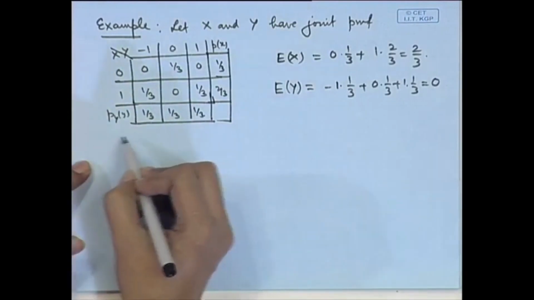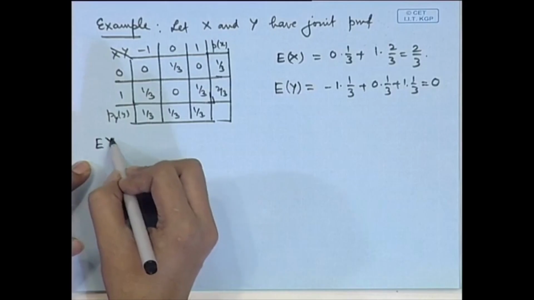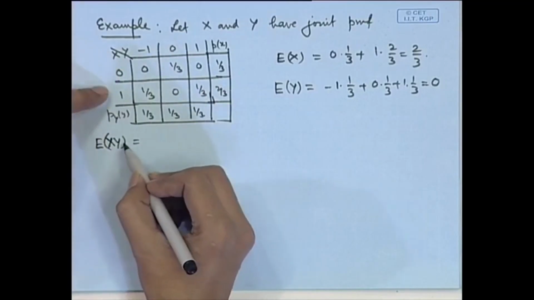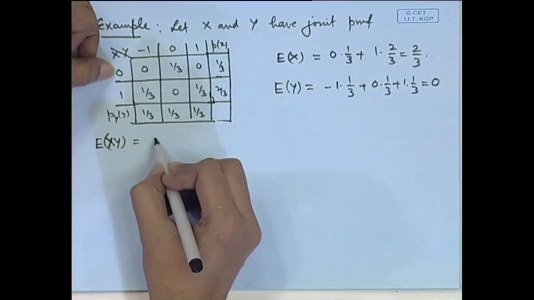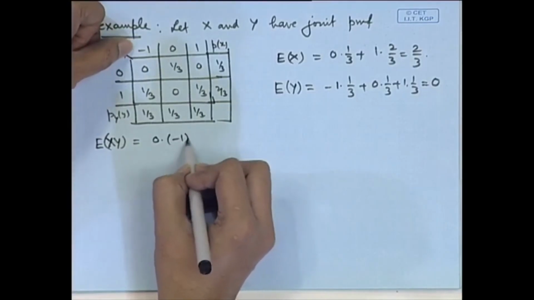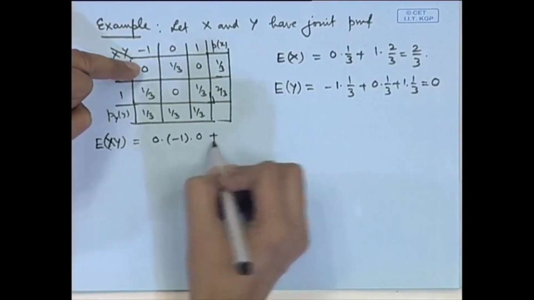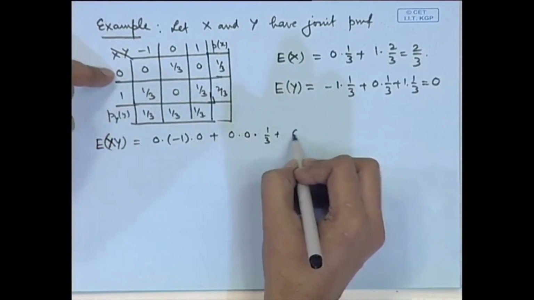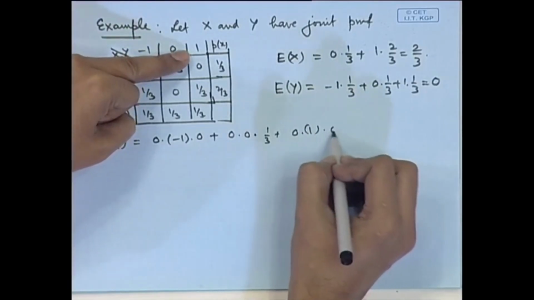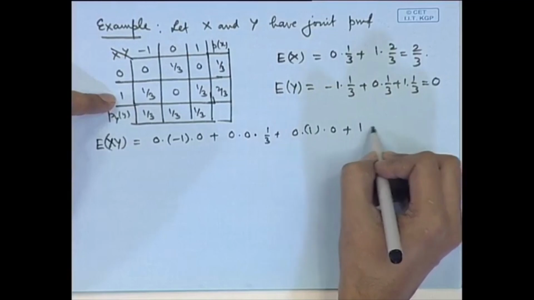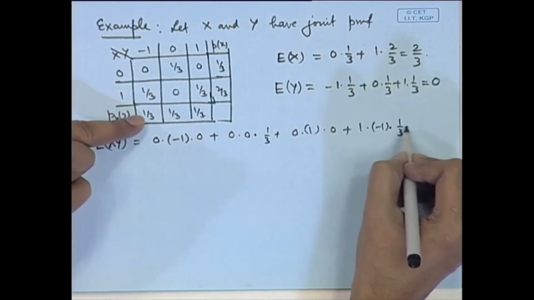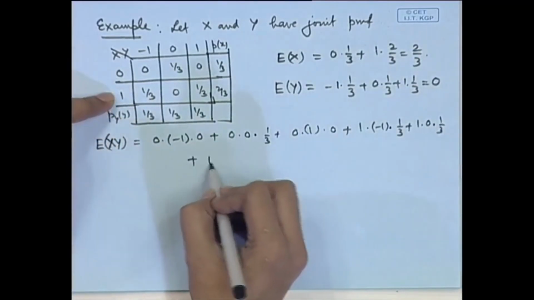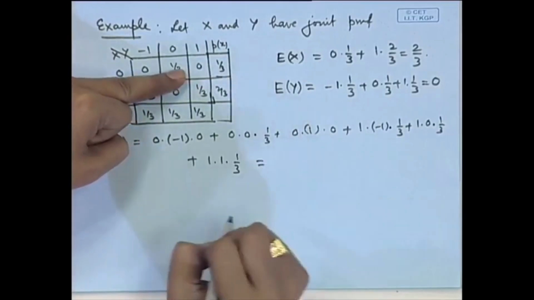If we look at expectation of x into y, we look at all the possibilities of the x and y values here. x is 0, y is minus 1 with probability 0, plus x is 0, y is 0 with probability 1 by 3, x is 0, y is 1 with probability 0, x is 1, y is minus 1 with probability 1 by 3, x is 1, y is 0 with probability 1 by 3, plus x is 1, y is 1 with probability 1 by 3.